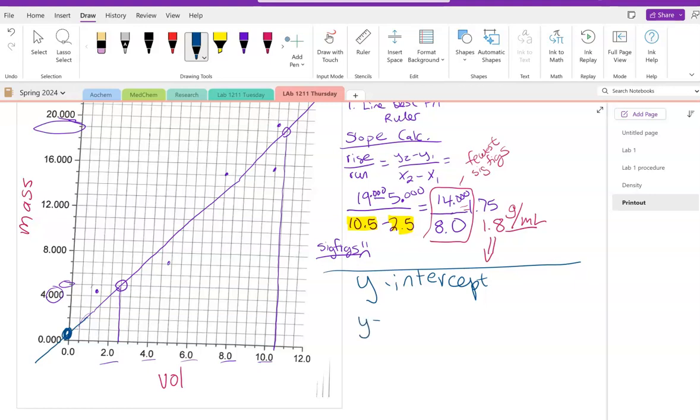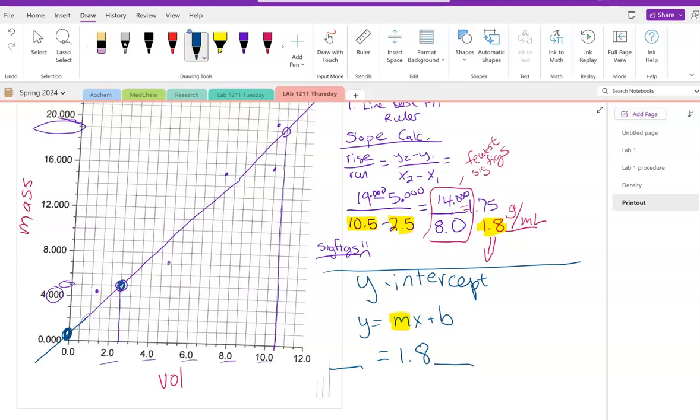Here we're going to use our y equals mx plus b, where m is the slope that we just calculated. So we can plug that in. That part's nice and simple: 1.8. And then I have to put a y and an x. So use one of the 2 points that you drew.